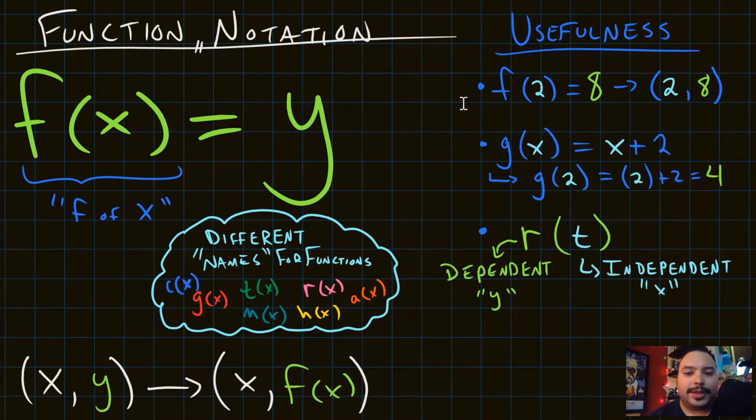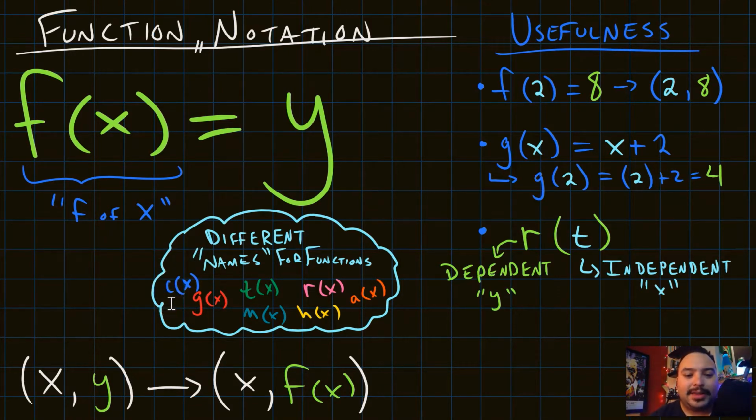One useful thing about using function notation is that you can differentiate your equations. In Algebra 2, there are going to be a lot of problems or situations where we have to deal with several equations at the same time, and you might find it useful to be able to name them according to what they represent. If we are looking at a cost function, you might want to call it c of x.